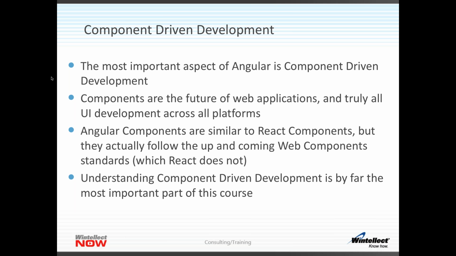And when we divide into smaller pieces, we can then take those pieces, reuse them, and compose them together to build larger UIs. Understanding component-driven development is really the most important part of understanding how to work with Angular. And what's cool is when we tie it together with Redux, we'll talk a little bit about how those two pieces play in together.